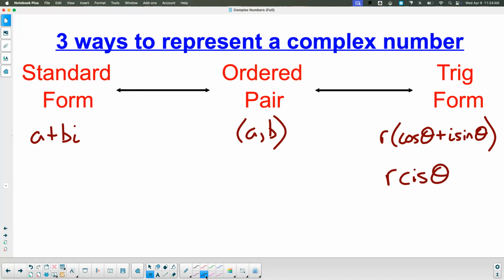Because the angle's going to be the same always. So you need to know your r, and the cis is cosine i sine. So that's where cis comes from. You get to use this after today.